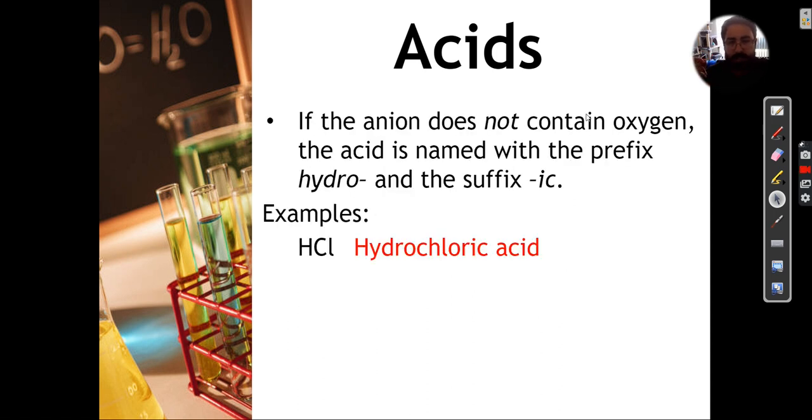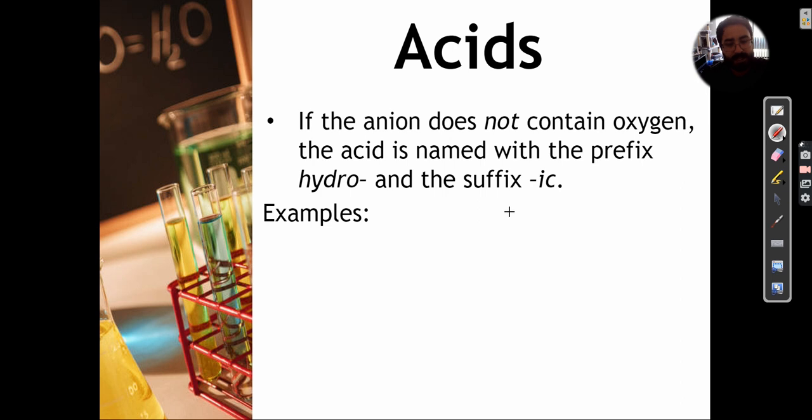So let's check it out. A binary acid is very, very simple. A binary acid has this basic template. It's hydro blank ic acid. Whenever you see H and one element, you're thinking hydro and then the name of the element.